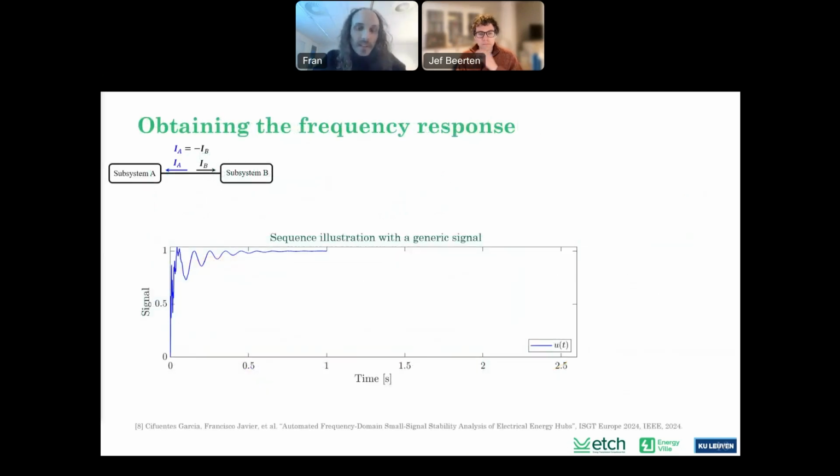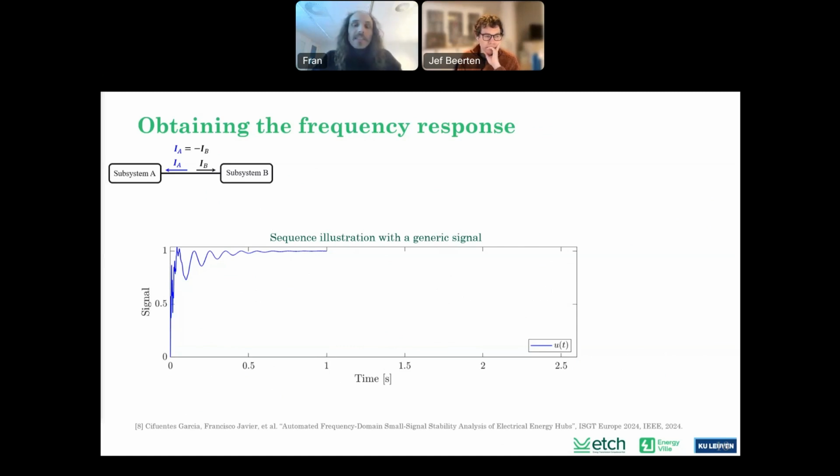What we do basically is wherever we place the toolbox in the EMT software, the toolbox will decouple it at that point. But regardless, we need to run the system to a steady state. So after we click run on PSCAD, we will have some oscillations. Eventually, the system will stabilize at some point.